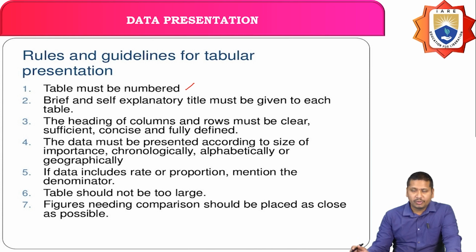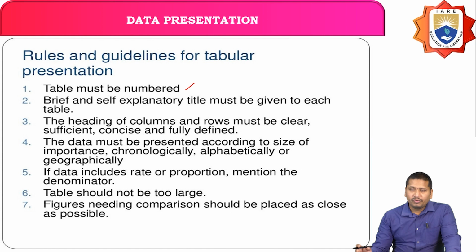The data must be presented according to size of importance, chronologically, alphabetically, or geographically. If the data includes a rate or proportion, mention the denominator. The table should not be too large, and the figures needing comparison should be placed as close as possible.